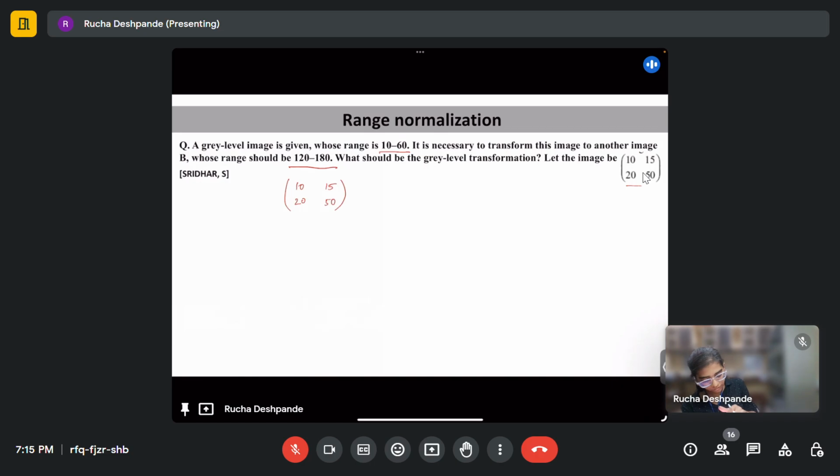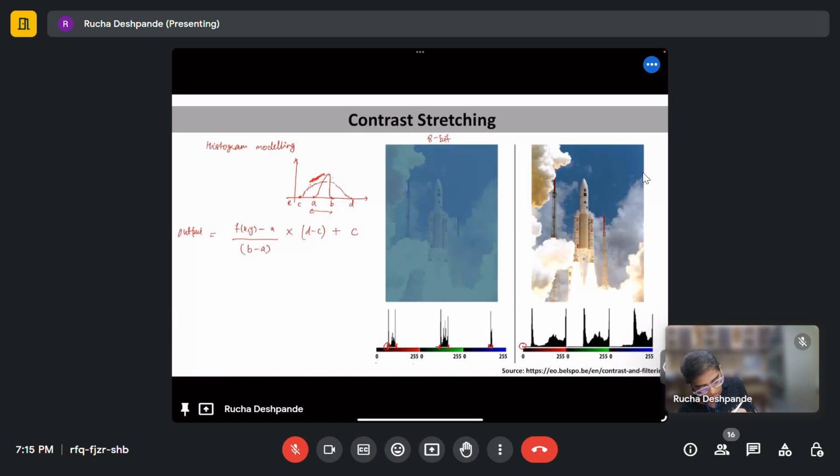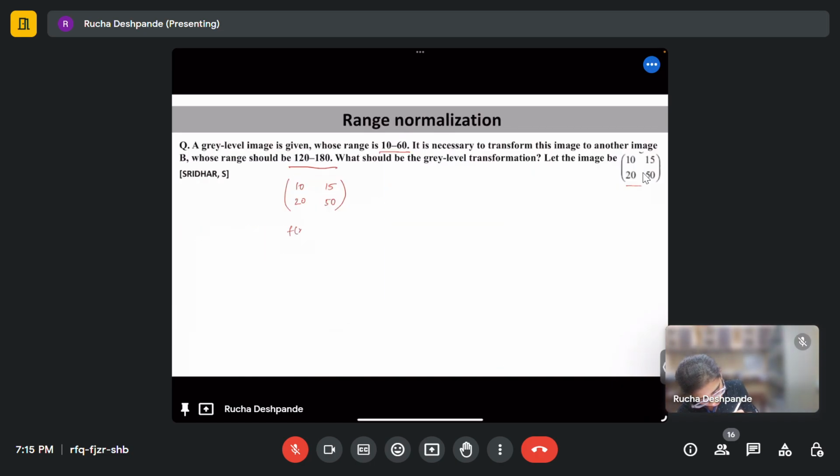If we follow this function, we have f of x comma y. Our range is 10 to 60, so A is 10 and B is 60, and this 120 to 180 is C to D.